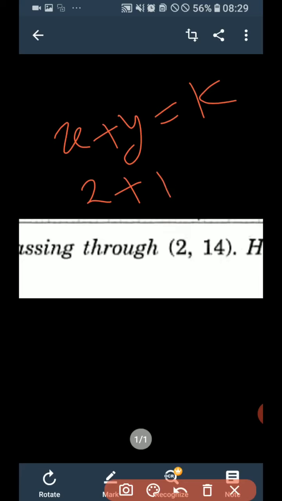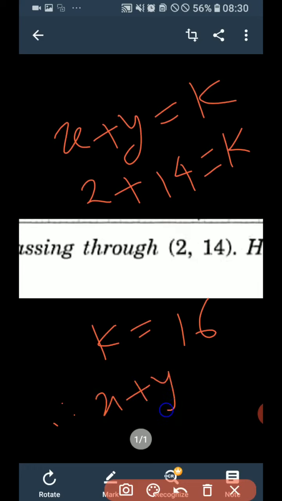Let such lines be of the form x plus y equal to k. Put x equal to 2 and y equal to 14: 2 plus 14 equal to k, so k equal to 16. Therefore, one line which passes through 2 comma 14 is x plus y equal to 16.